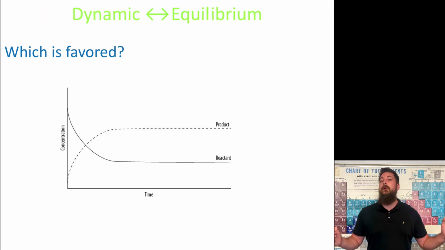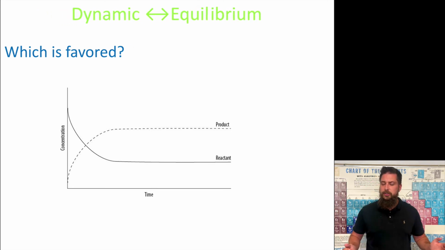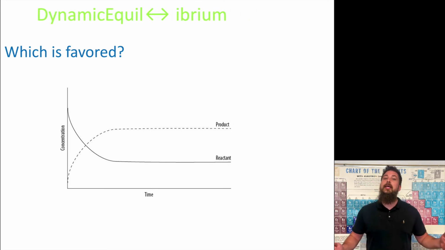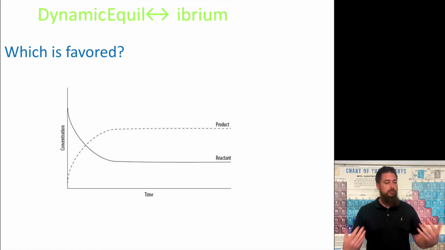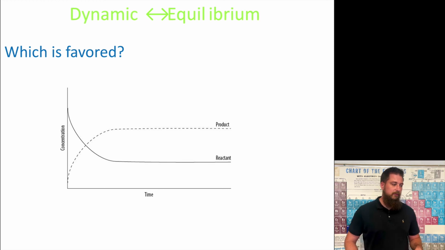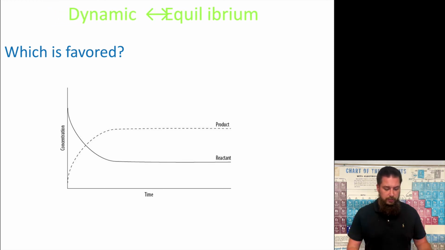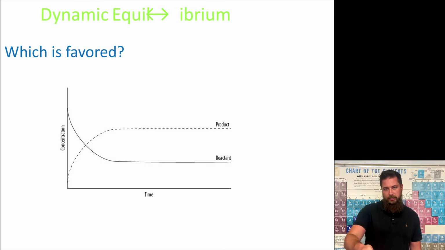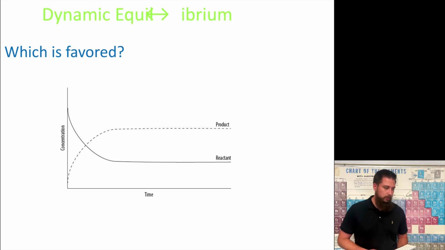It's just that the amounts are equal. So yes, it's unchanging, but there's still a reaction happening, and the amount going forward is equal to the amount going backwards, which is why it's unchanging. It's kind of like if I give you $1 and you give me $1, our net worth is not changing. Yes, you get my dollar and I get your dollar. There's something happening, but our overall net worth is not changing.